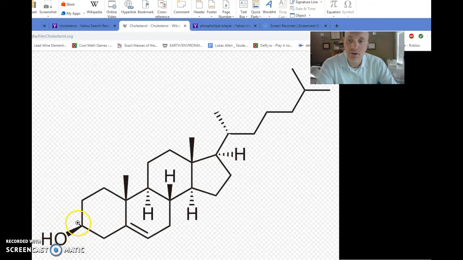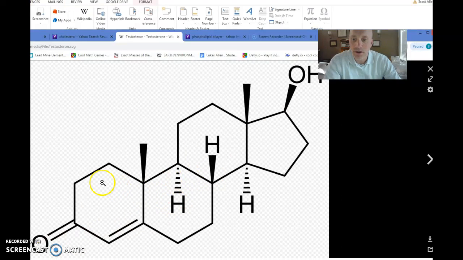All right, so this right here shows the structure of cholesterol. You notice it's got that 6-6-6-5 ring system of steroids, and you can always spot a steroid fairly quickly because it's going to have that general structure. Structurally similar to that is testosterone.